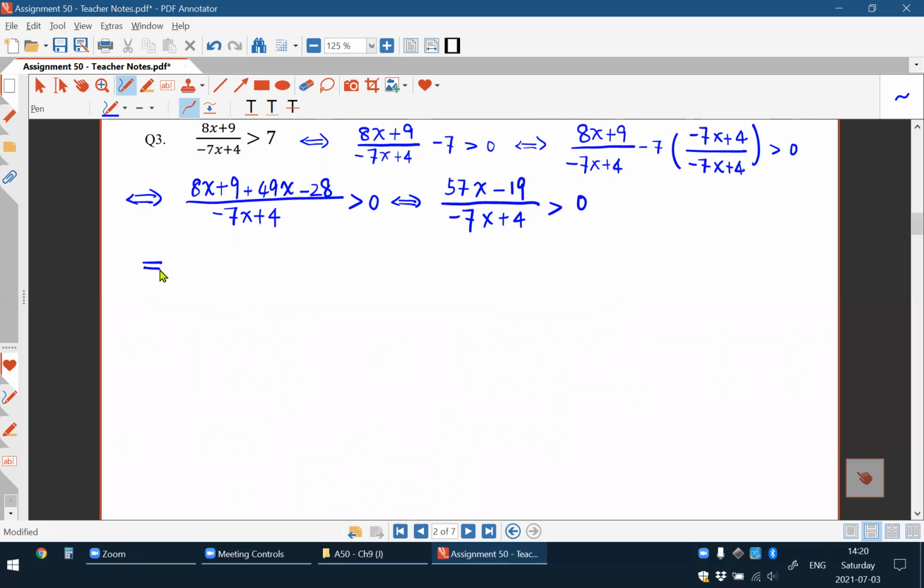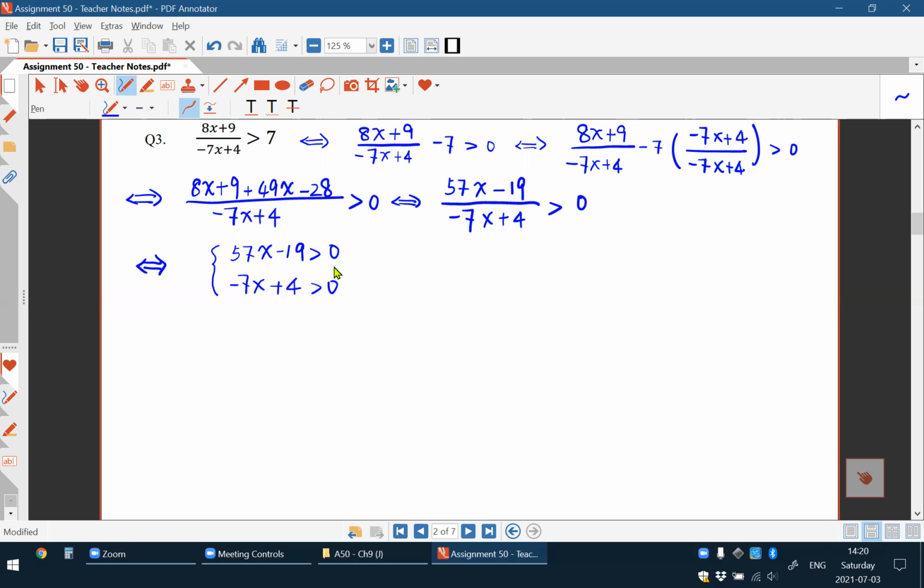Okay, and now we have a ratio of two numbers that is greater than 0. So what is the equivalent expression? This is equivalent to either both of the two numbers are positive or both of the two numbers are negative, right? Understand? So first of all, numerator is positive, and at the same time, denominator is also positive.